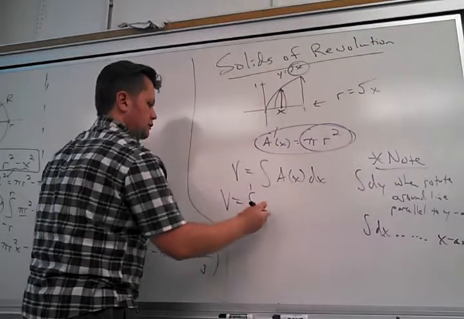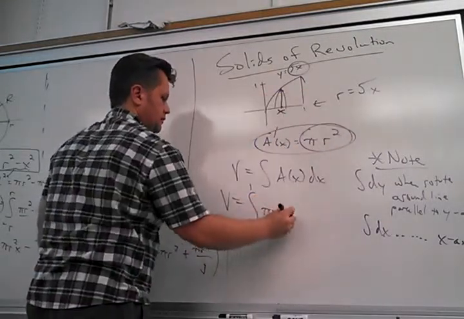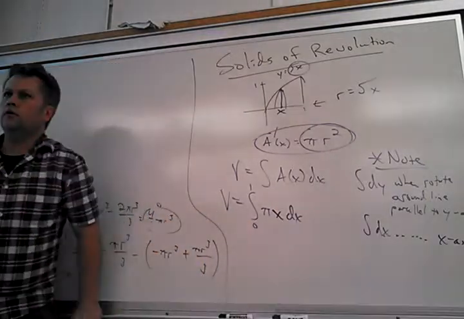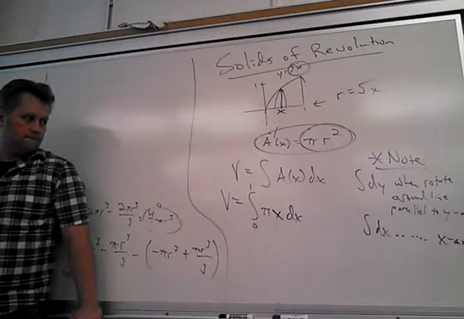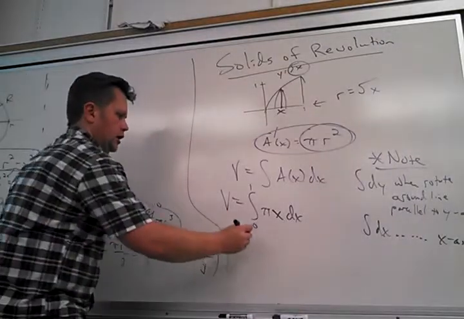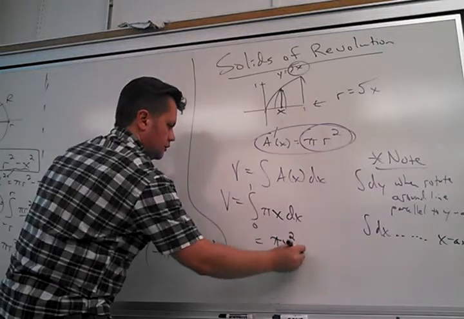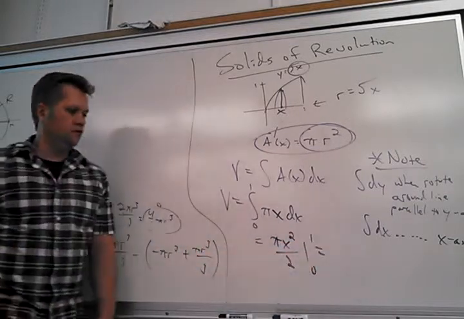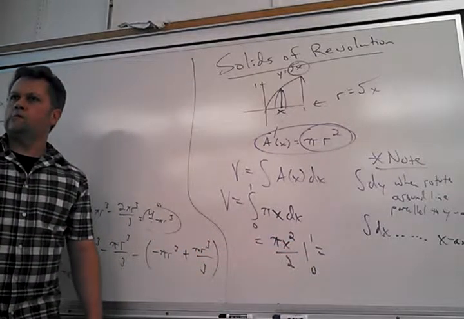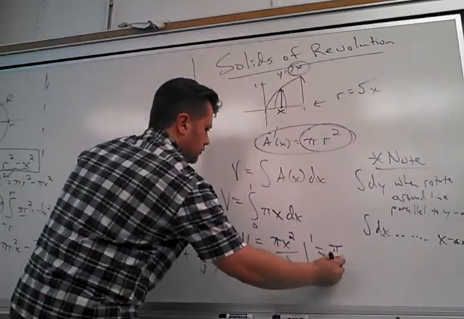The area is pi times, what's r squared? x. Cool. And then how do you integrate that? I'll go ahead. So that volume ends up being pi over 2.